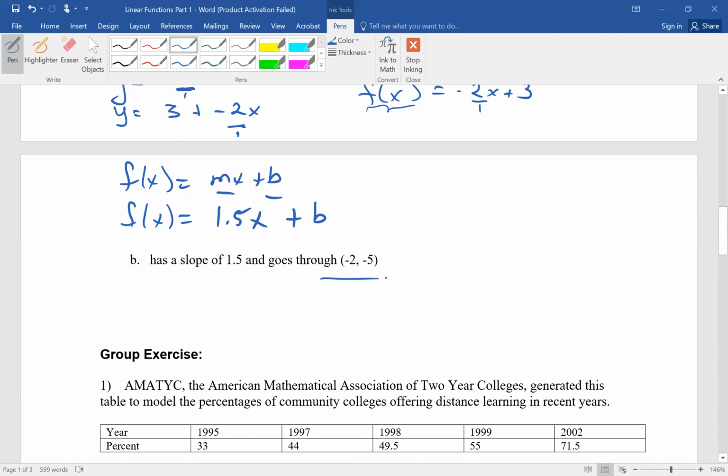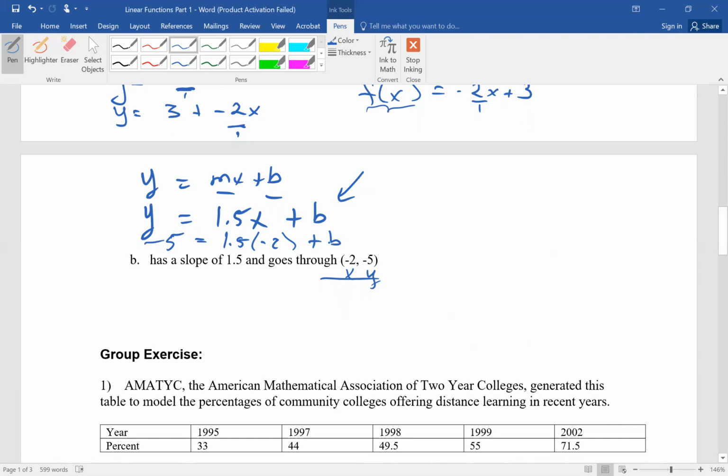So to get the y-intercept, remember, this is like my y value here. And again, I'm not trying to confuse you, but remember, you're going to see that in the future. So for now, if you wanted to solve for your y-intercept, meaning this value b, all you have to do is plug this value in for x and this value in for y of your function. So if we go ahead and do that, this value y here is going to be negative 5 equals 1.5x, which is x is negative 2, plus a b.